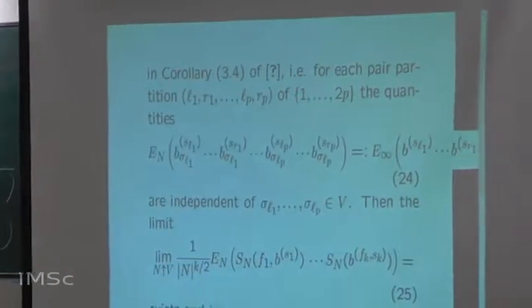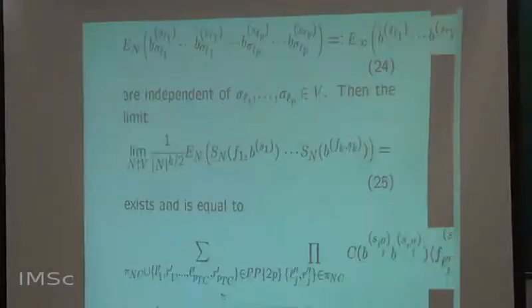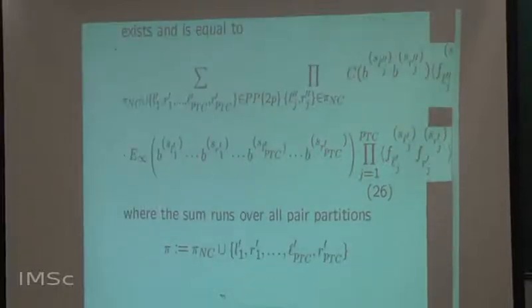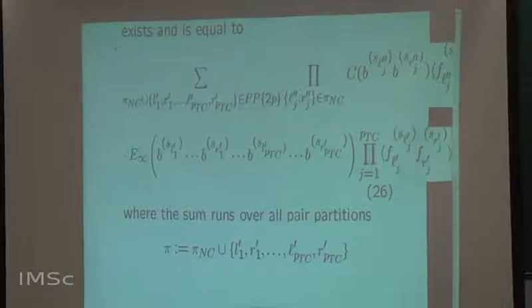It is what I just described on the blackboard. If this condition is satisfied, then this limit exists. We know that this limit exists. And it will be equal to, now we are speaking of all the moments, for each fixed pair partition, we are summing over all possible pair partitions. We have the non-crossing part, the crossing part in which the entangled part is taken care of by the stationarity condition, and here you have a product of delta functions, a product of scalar products for single pairs.